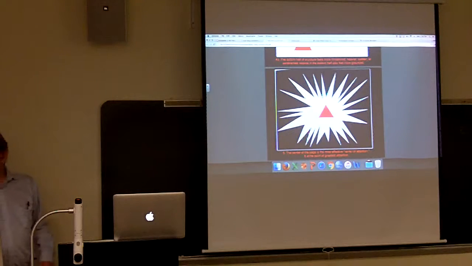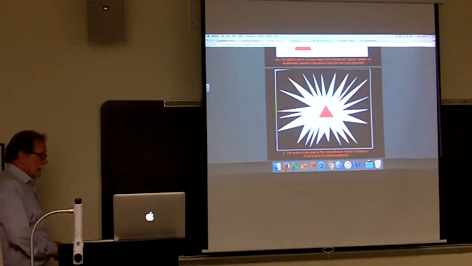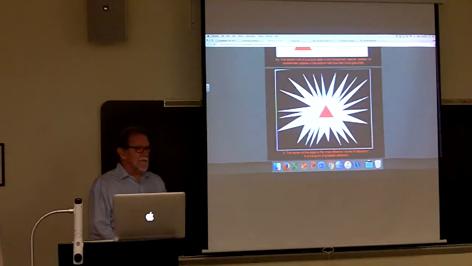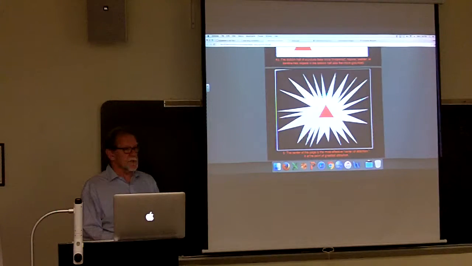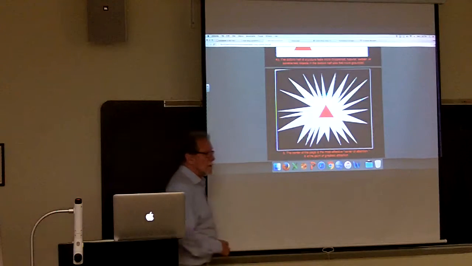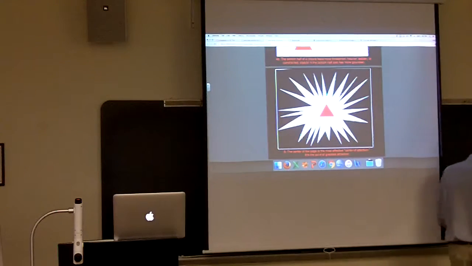The center of the page is the most effective center of attention. It's the point of greatest attraction. Has anybody studied photography, how to make and compose good pictures? There's a thing called the rule of thirds.